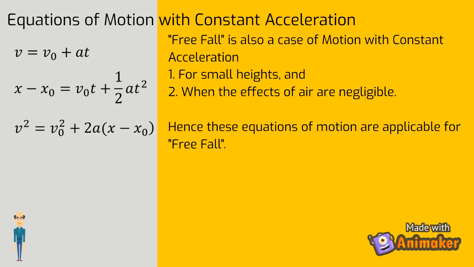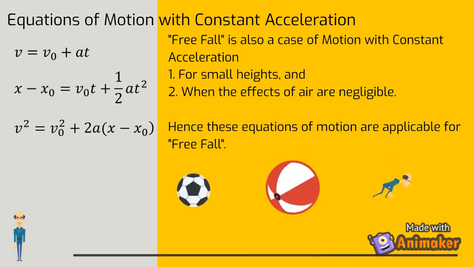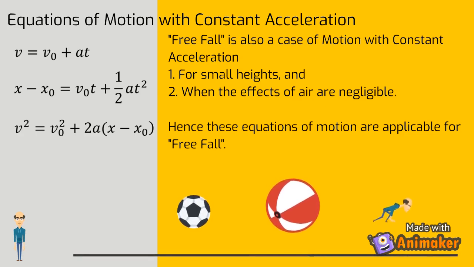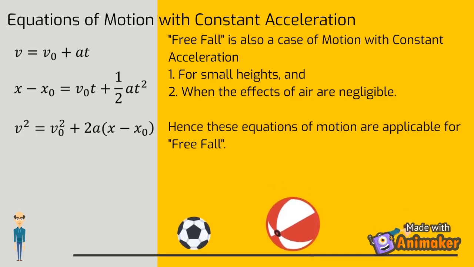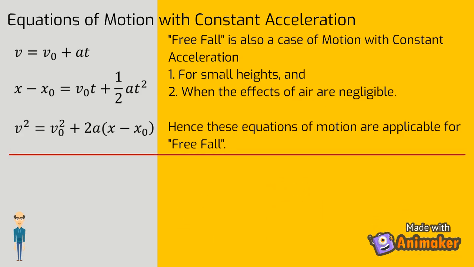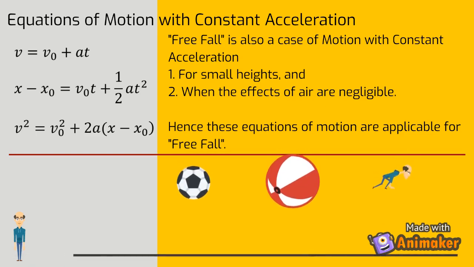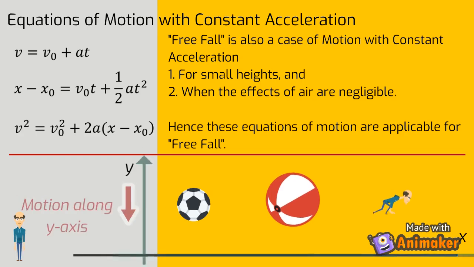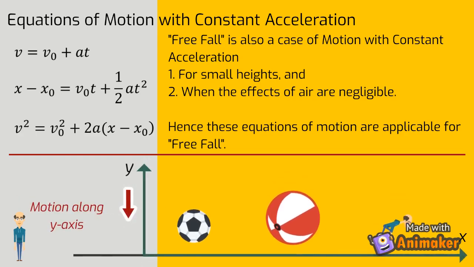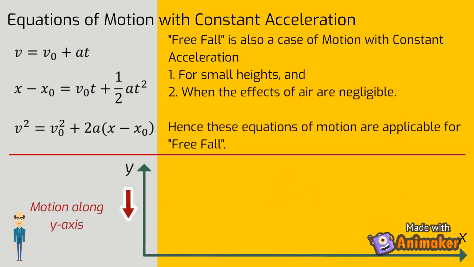That is, they apply to an object in vertical flight, either up or down, when the effects of the air can be neglected. However, for free fall, which obviously happens vertically, please note the following. The direction of motion can be considered along a vertical y-axis instead of the x-axis which we normally do, with the positive direction of y upward.